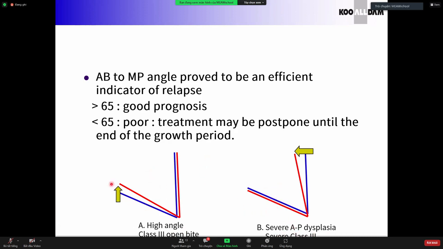Especially you should remember this. In high angle class 3, if we want to treat this kind of malocclusion in a child, however, if the AB to mandibular plane value is lesser than 65, the treatment prognosis is not good.